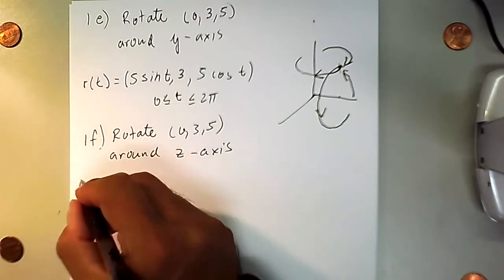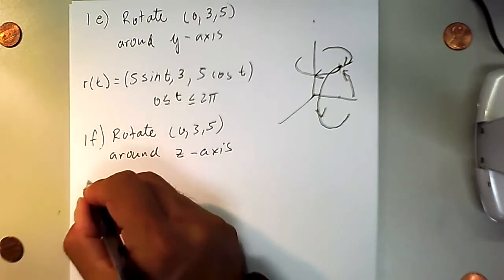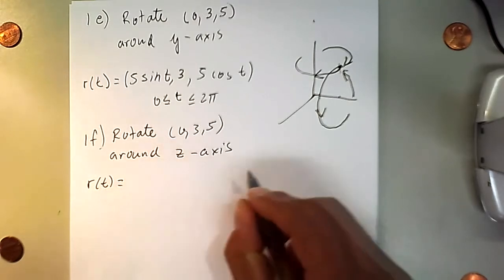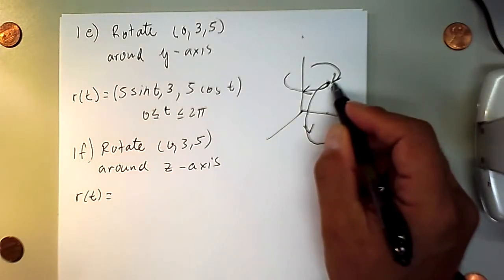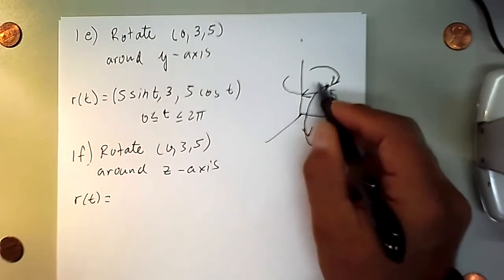Okay, now we're back. And so let's see, r of t will be, okay, I want to start at that point. So the x has to increase. But what is the radius? 3, okay.